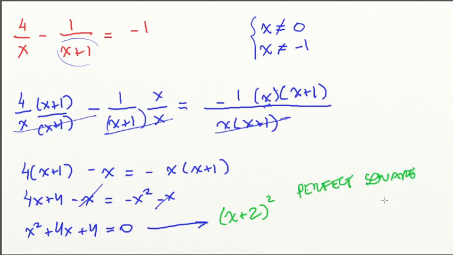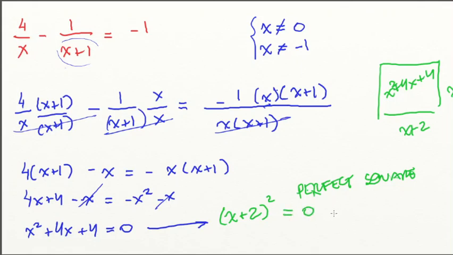Right? If I had a square with sides x plus 2, my area would be that, x squared plus 4x plus 4. That's why it's a perfect square. Now, this is equal to 0, but this is only equal to 0 if x plus 2 is equal to 0 and x plus 2 is equal to 0.